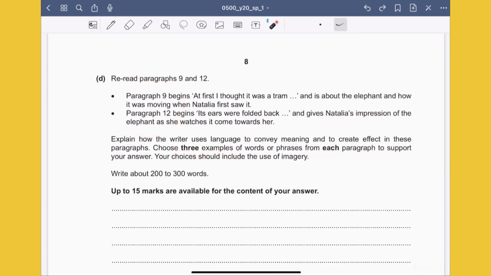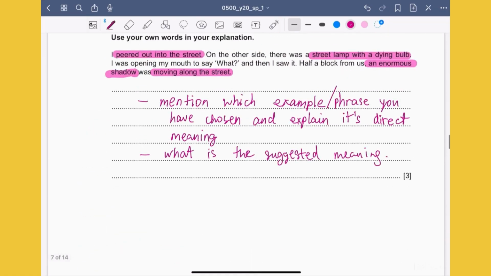So you do the exact same technique that you did in question C. However, don't forget to take 3 points or 3 phrases from, in this case, paragraph 9, and 3 from paragraph 12. And then you do the exact same approach or technique that you did over here.